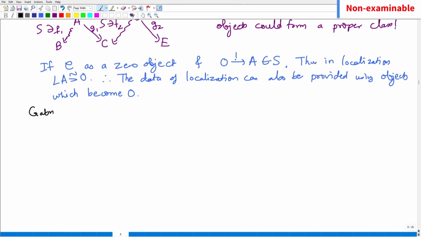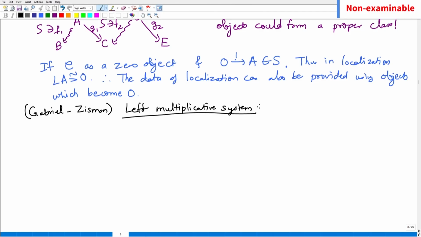This is Gabriel and Zisman. You have seen the name of Gabriel already. This is a left multiplicative system. So what is a left multiplicative system?